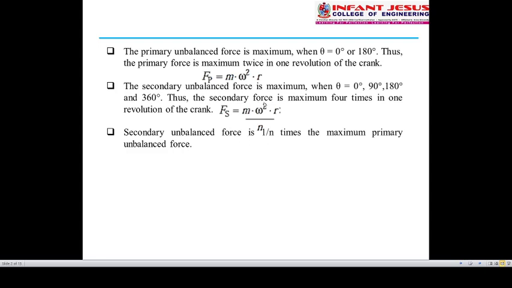So the maximum value is m omega square r by n, while m omega square r is the primary unbalanced force. From this we conclude that the secondary unbalanced force is 1 by n times the maximum primary unbalanced force.